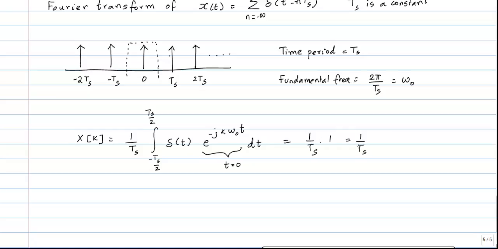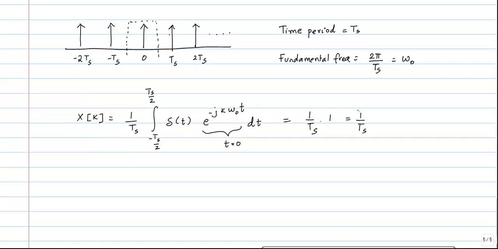Basically what this means is that the Fourier series coefficients, all of them have the same value 1 over t sub s. Now that we have the Fourier series coefficients, we can plug this into the formula for the Fourier transform, which is given by 2 pi times the summation over k of x of k times delta of omega minus k omega naught.